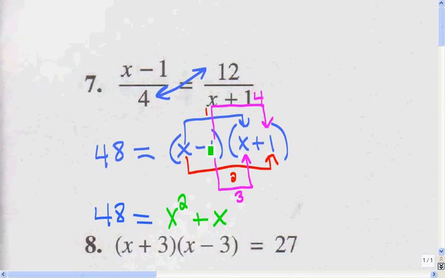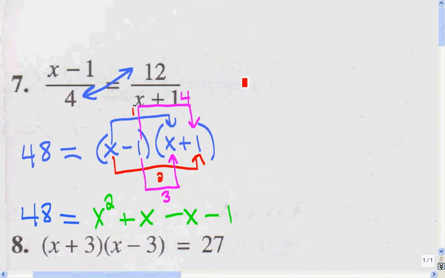And then 1 times x is a negative x because this one's negative and this one's positive. So when you're multiplying and the signs are different, your answer is always negative. And then negative 1 times a positive 1 is a negative 1 because, again, the signs are different.